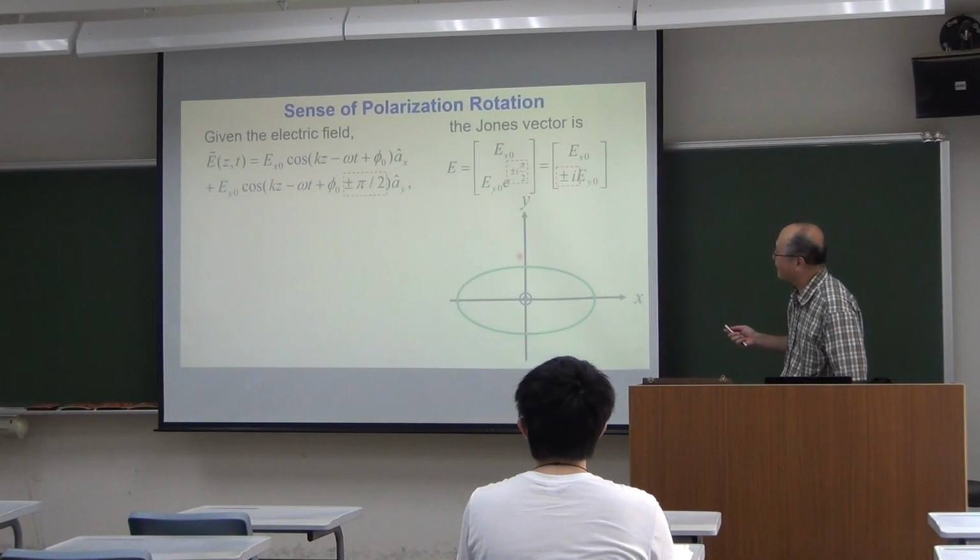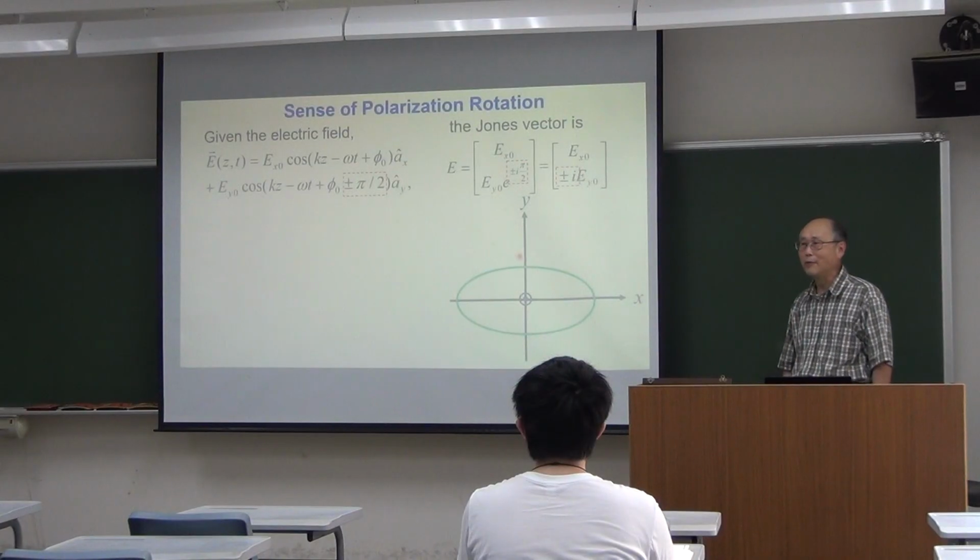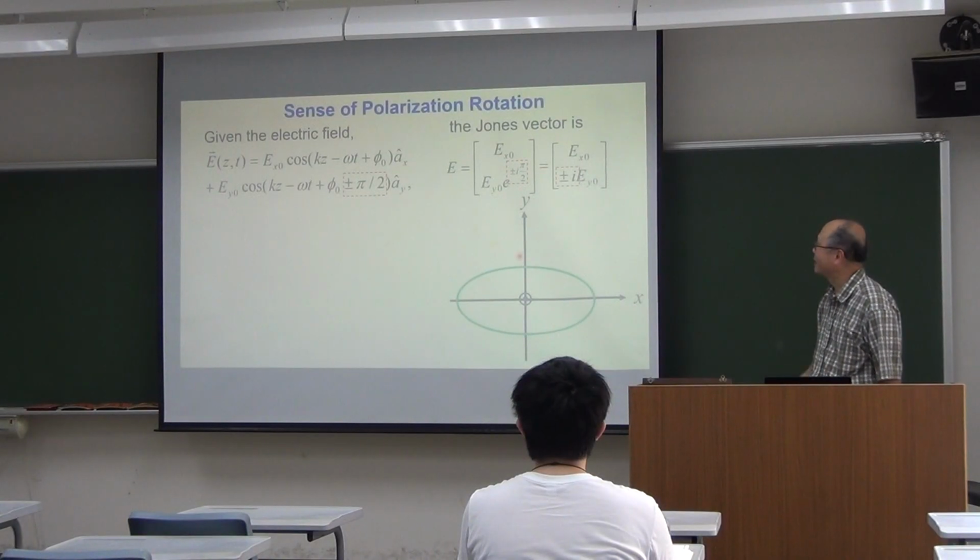But in mathematics, in your calculation, you end up having this plus or minus sign before this I notation, this imaginary unit. So if you want to take advantage of using complex notation for doing analysis, then you need to be able to keep track of this I in your calculation.